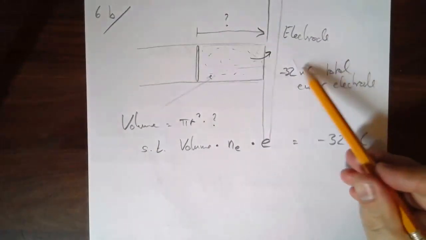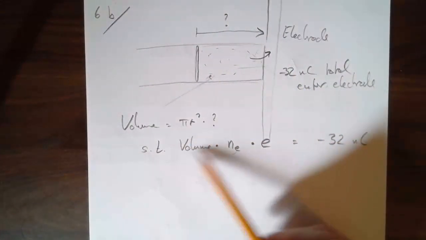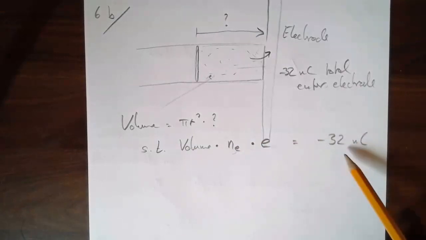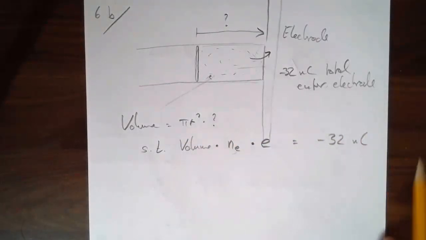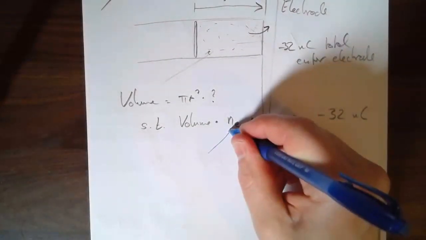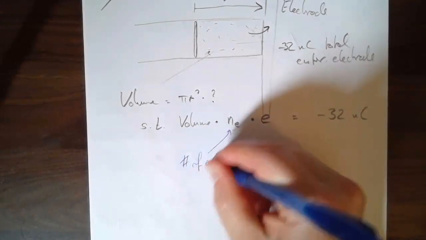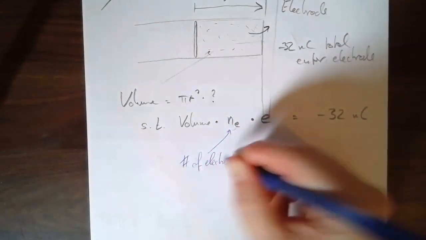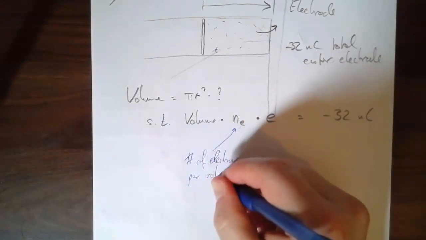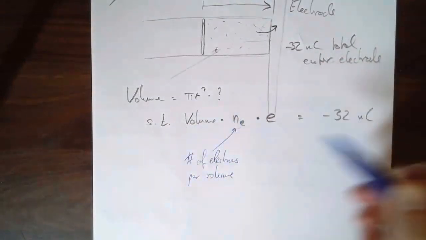Of course, if you first use this to calculate the number of electrons, you'll just multiply those two, because you've already taken care of this by essentially dividing by e. I'm going to do it this way. So we're multiplying the volume by the number of free electrons only, of course, per volume. That gives me the total number of electrons.